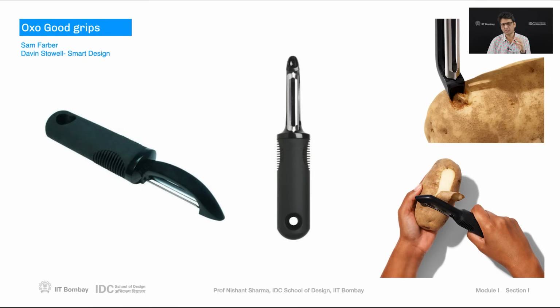The sharp stainless steel blade, efficiently positioned, reduces strain while peeling. OXO's commitment to universal design principles made this peeler accessible to all, regardless of physical limitations. Through user-centered research and attention to ergonomics, the Good Grips peeler set a new standard for user-friendly kitchen tools, blending form and function in a harmonious, iconic kitchen gadget.